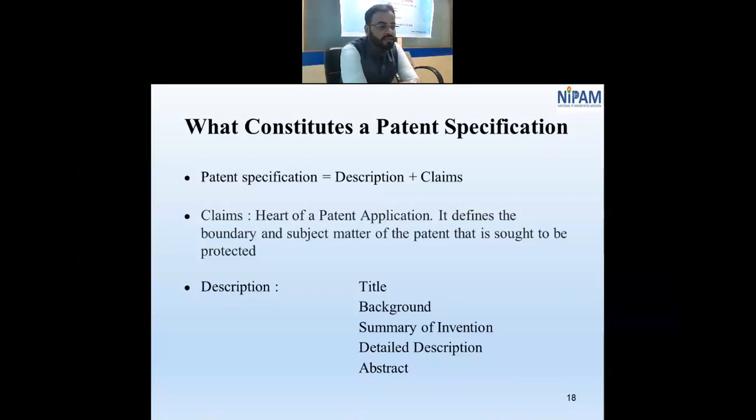It also includes drawings, flowcharts, and all the other things. Claims is basically the heart of a patent application. It defines the boundary and subject matter of the patent that is to be sought and protected. A complete specification without claims is of no use because claims is the subject matter on which you will ultimately be granted a patent.